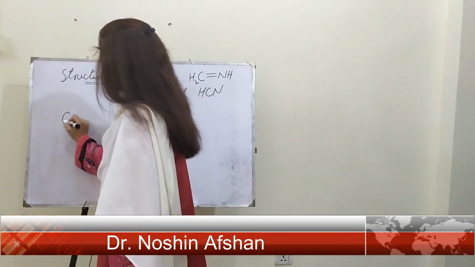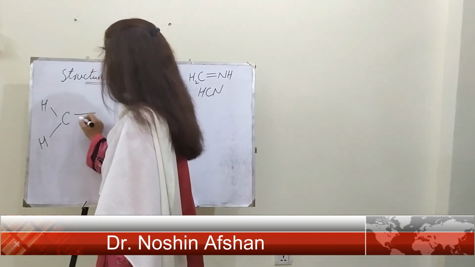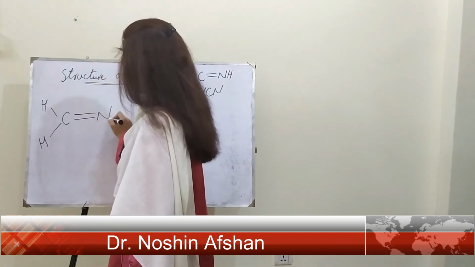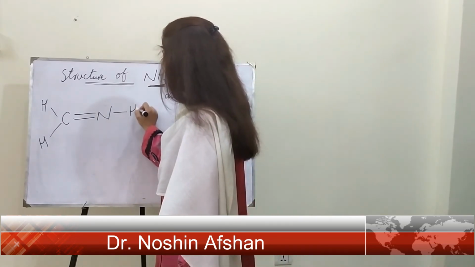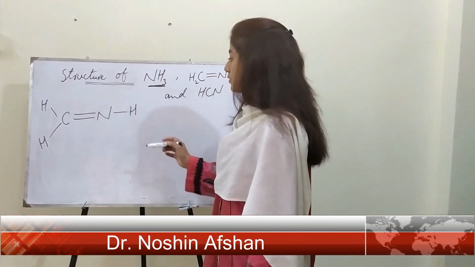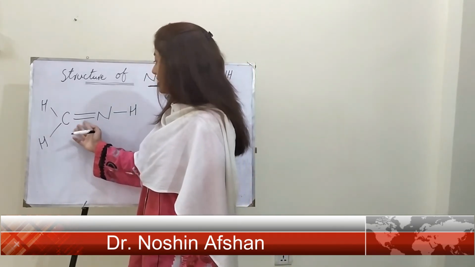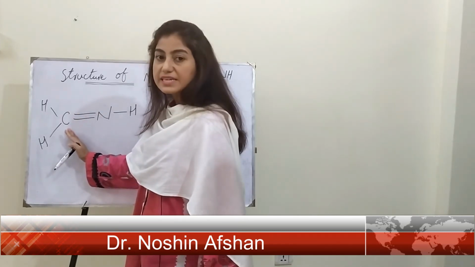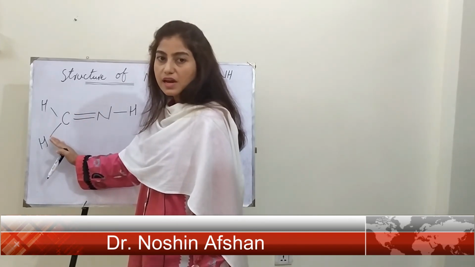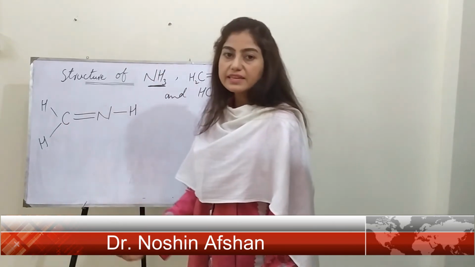So in this case, this CH2, and here there is a double bond with the nitrogen, and nitrogen has one hydrogen. So in this way, as it is unsaturated in nature and looks like the structure of ethene or alkenes, I am talking about the CH2 that looks like an alkene.